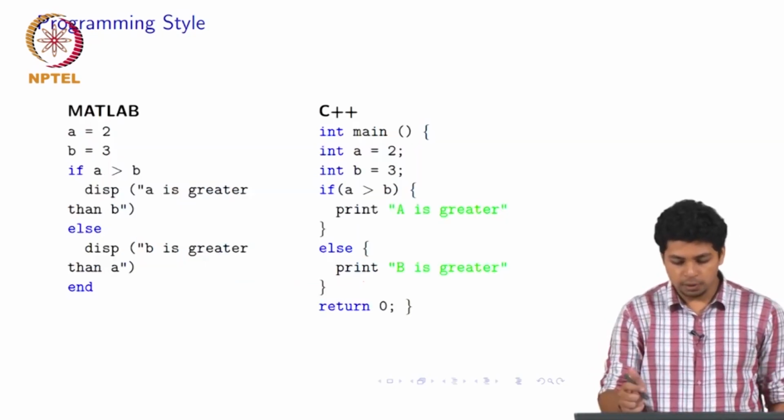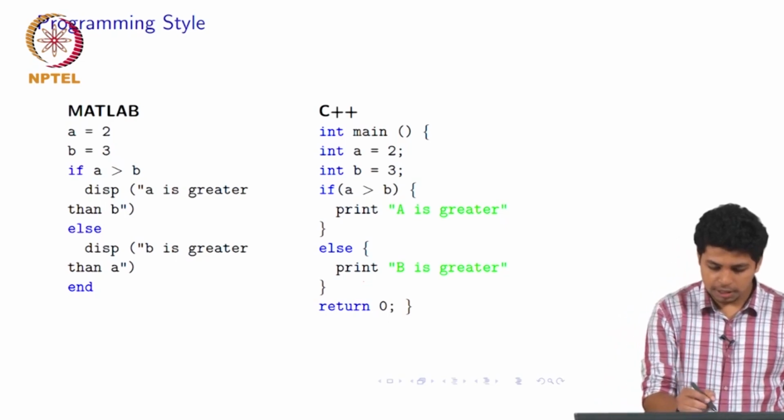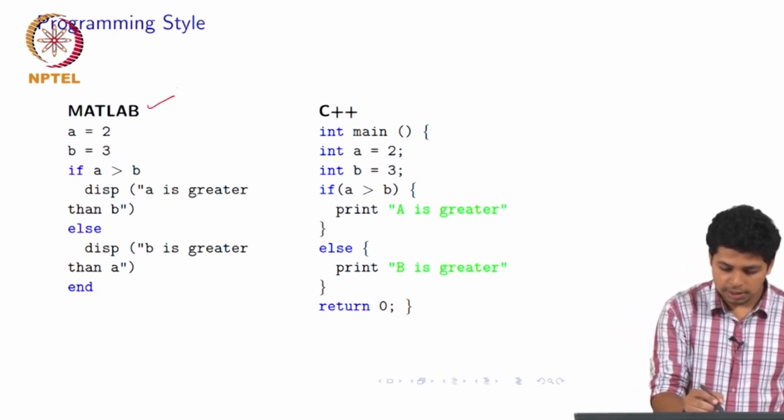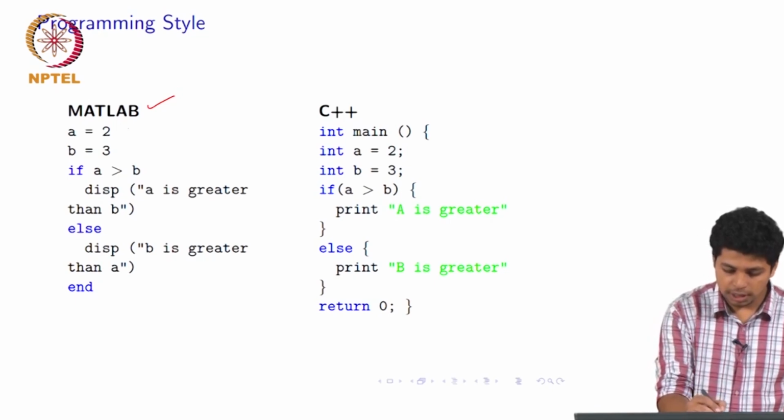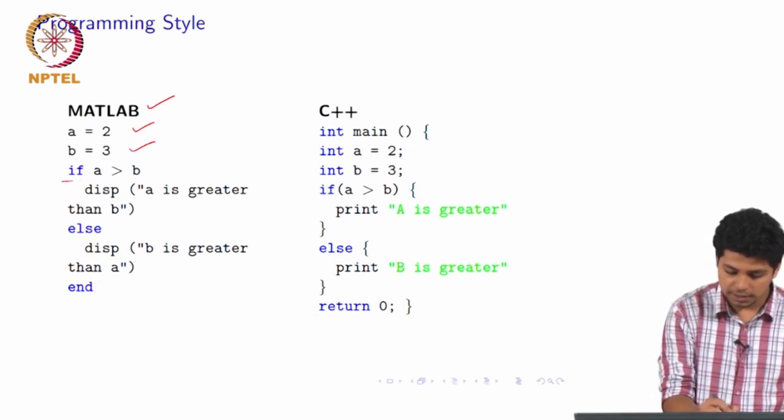Now, if you look at the codes here, in the MATLAB code, this is how I have put the code. A is equal to 2 assigned, B is equal to 3 assigned. Then there is an if statement.